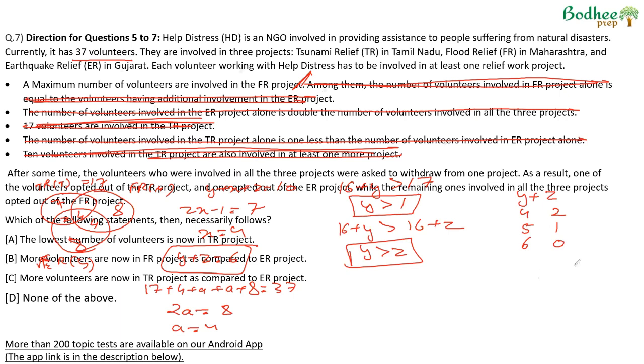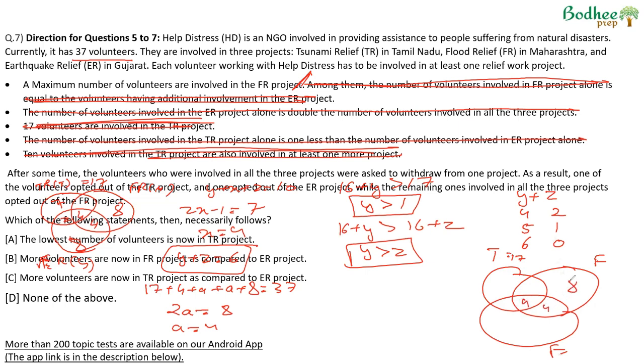The circles that we had were TR, which is 17, FR, which is maximum, and ER. The numbers were 4, 4, 8, 8, 7, Z and Y. Y and Z, we know we'll take these values, so erasing the other parts.